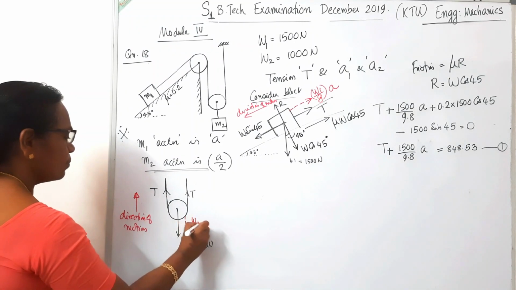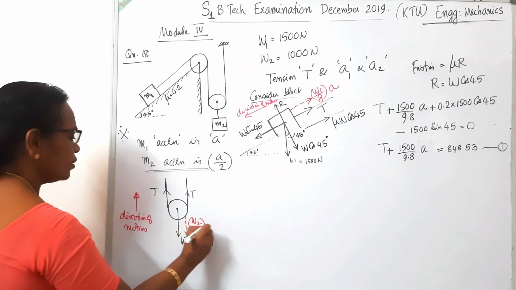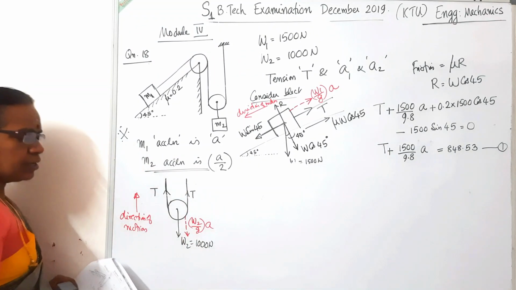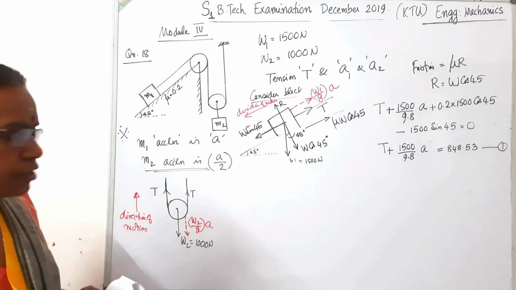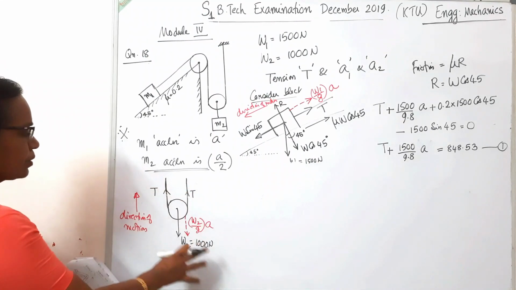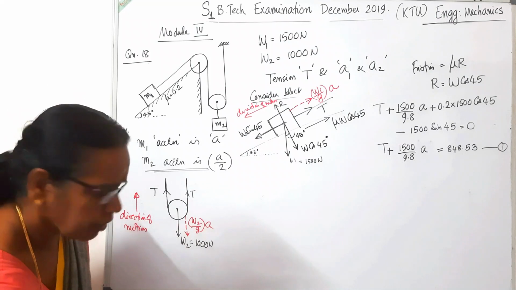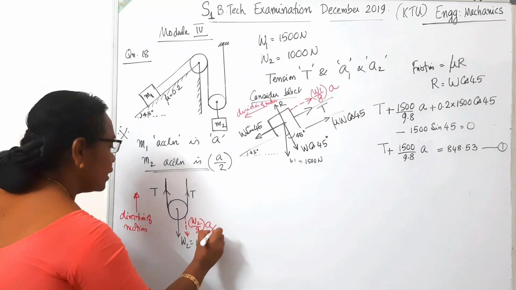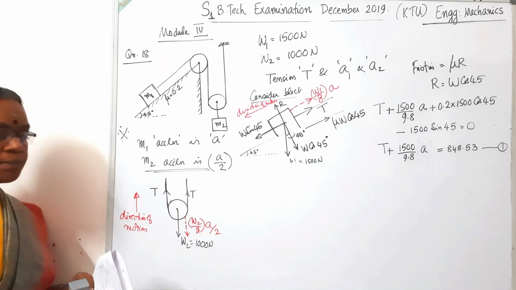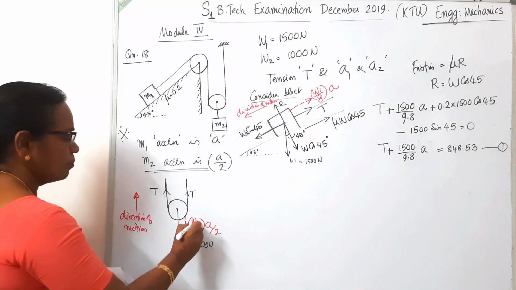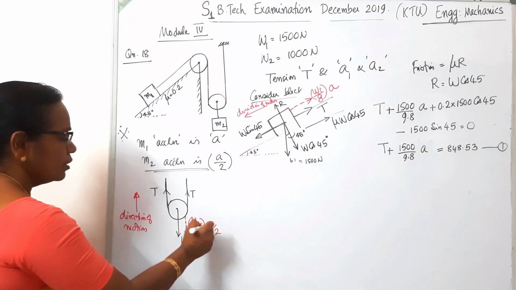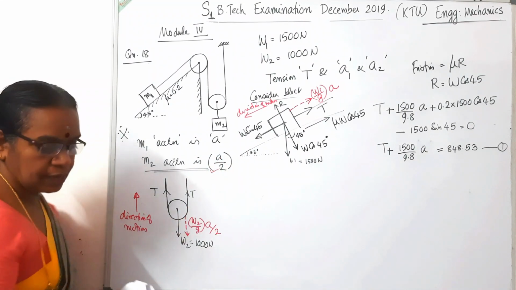This should be W2 by g, mass into acceleration. Now it is in equilibrium. This A is only A by 2, the acceleration of the system is only A by 2. So this is very, very important: mass into acceleration, but this acceleration is only A by 2.